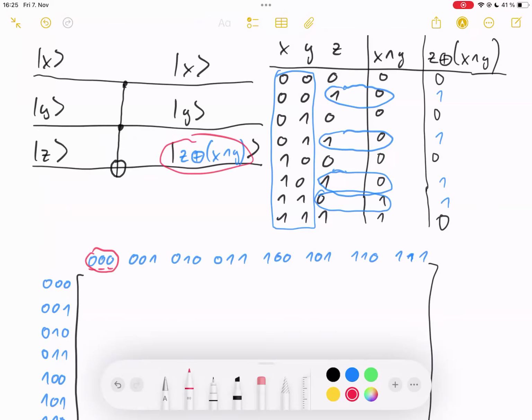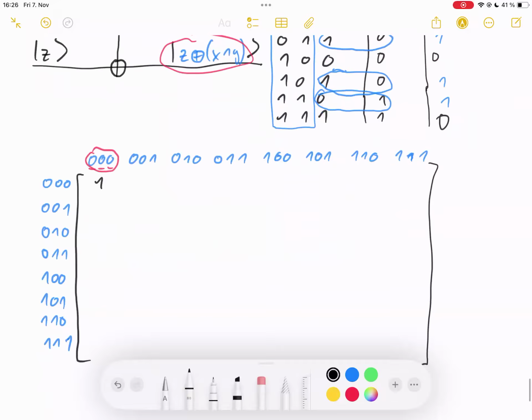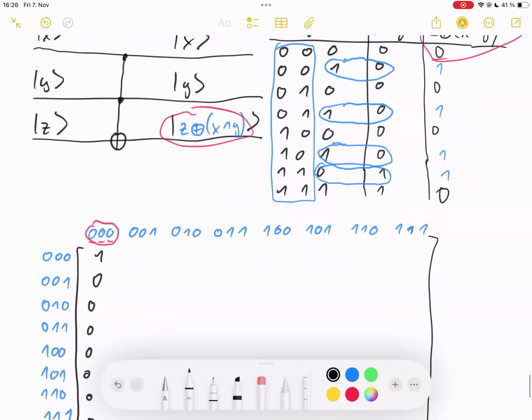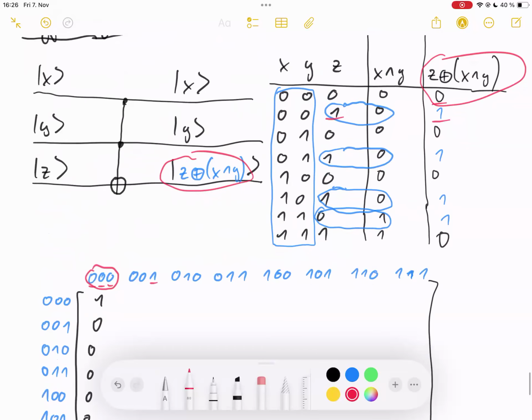But when z is 0, the result of this operation would be 0. So 0, 0, 0 gets mapped to 0, 0, 0. So 1, and then the remaining column entries are all zeros. For the next entry, this 1 here also gets mapped to 1.